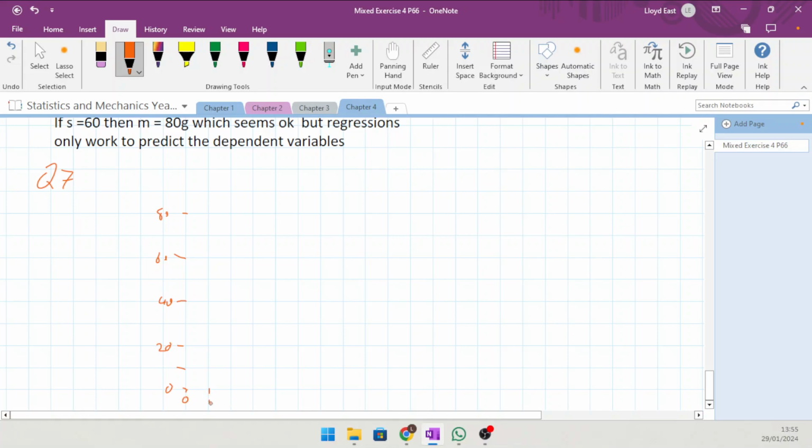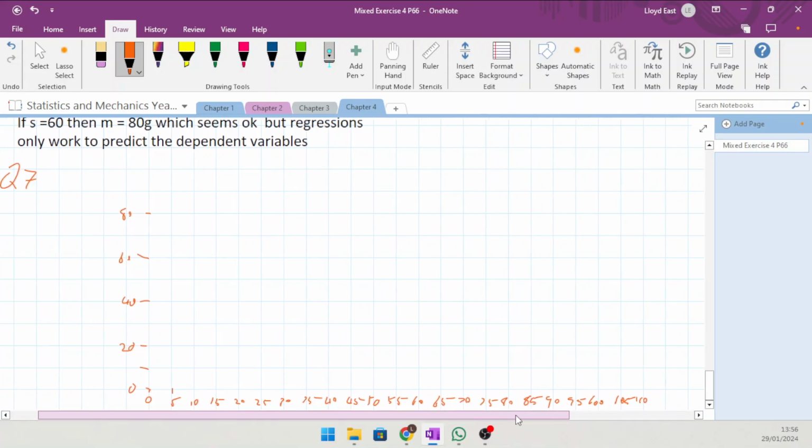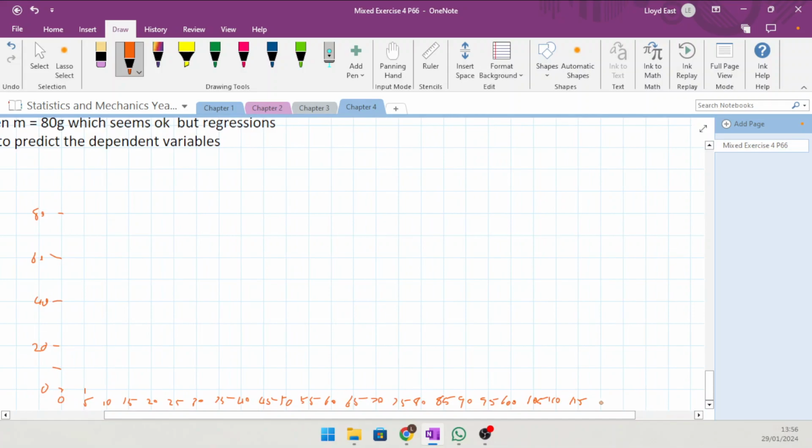So yeah, start at 0 there. 5, 10, 15, 20, 25, 30. 120, 125, 130, 135, 140.